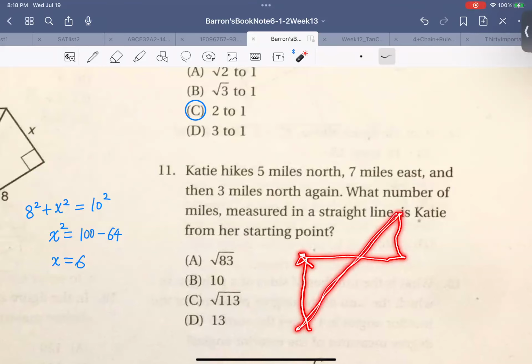And then get this length. How much will this be? You can do something like that to figure it out. Send me your work, please.